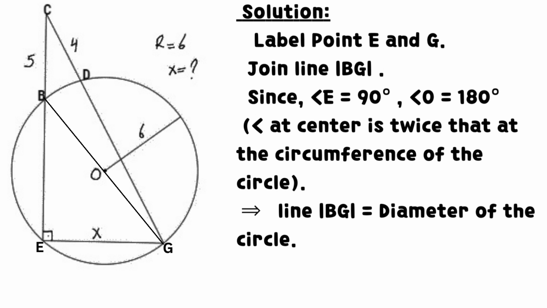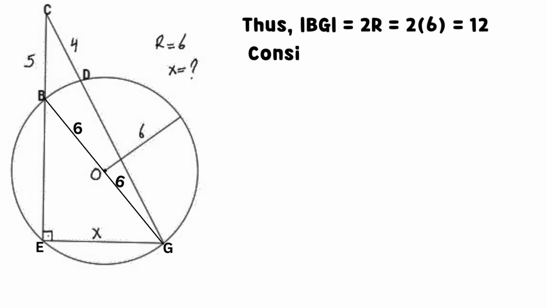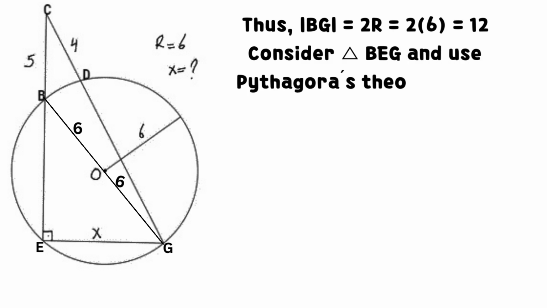It implies that line BG equals the diameter of the circle. Thus, BG equals 2 times R, which equals 12.